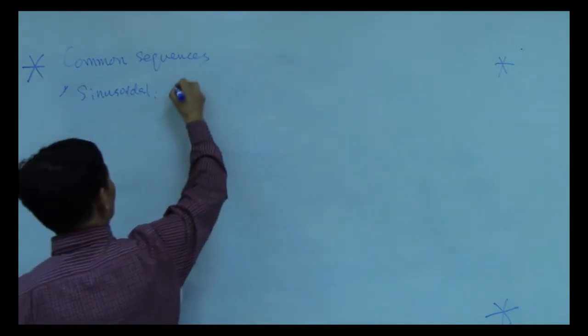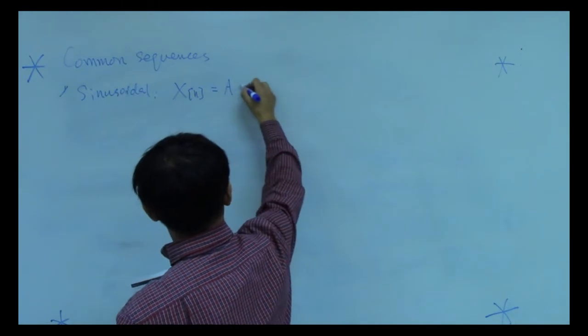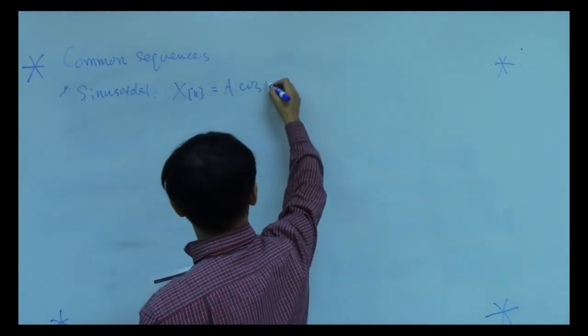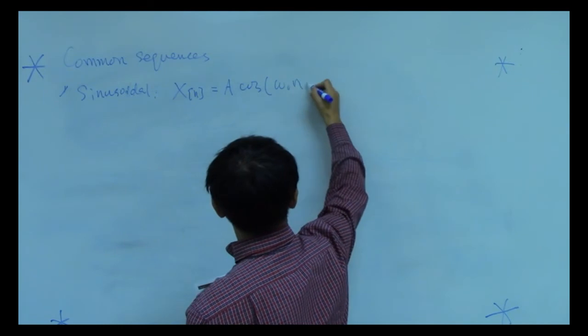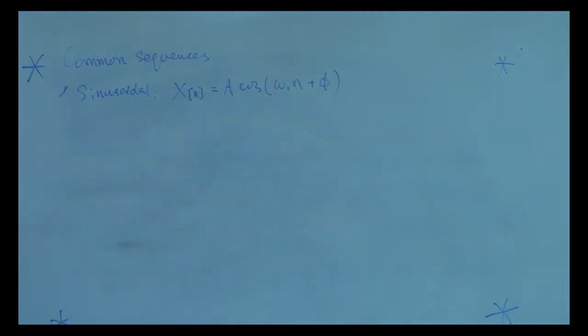So x[n] equals A times cosine of omega 0 times n, plus an initial phase phi. Omega 0 here is the angular frequency. Phi is the initial phase. So that is just the sinusoidal sequence in discrete time.